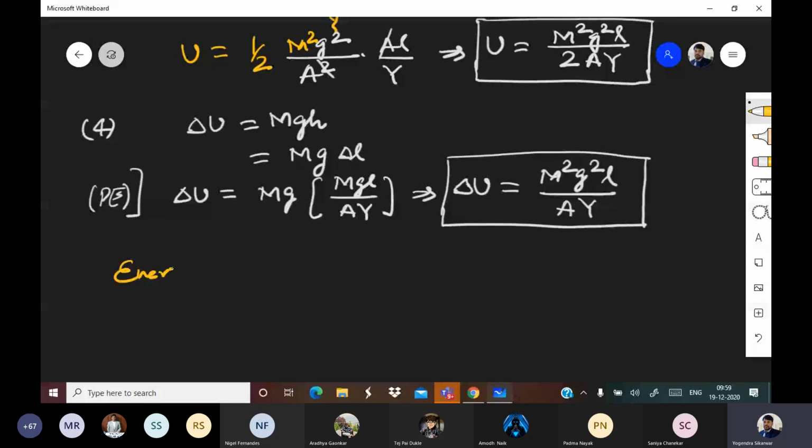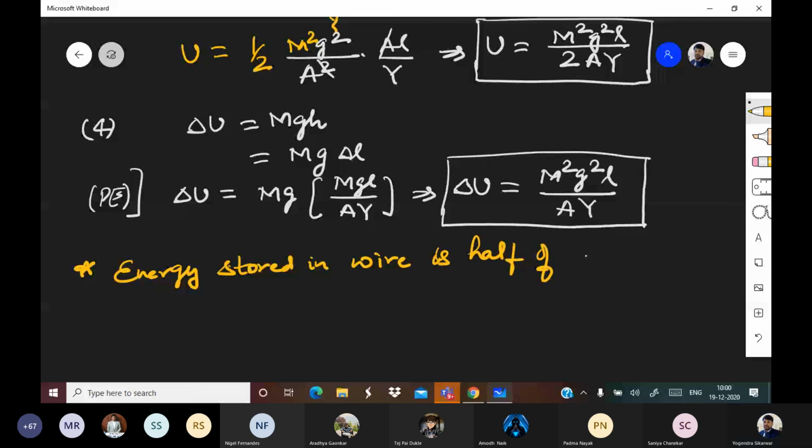Energy stored, star point: energy stored in wire is half of decrease in potential energy of block. This point you should all keep in mind. Exactly half, and that will be true for all the cases.